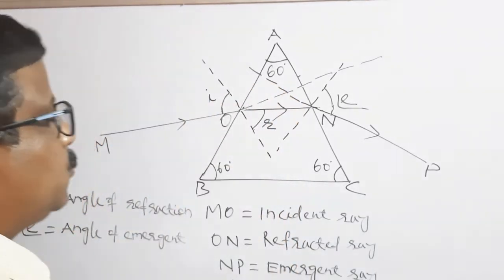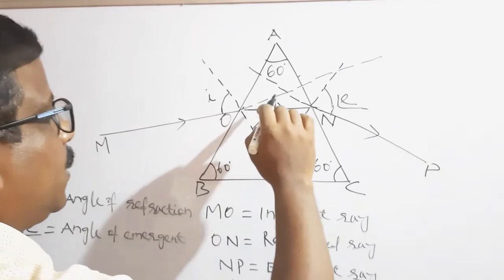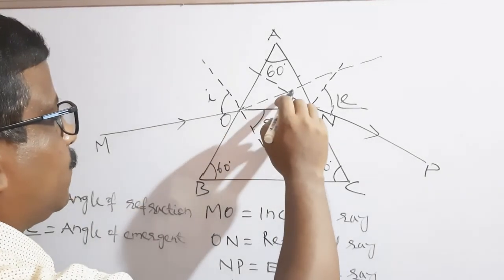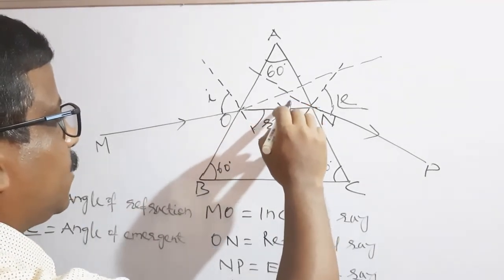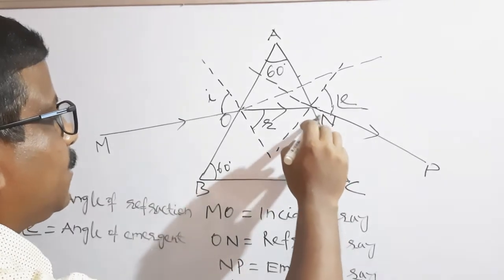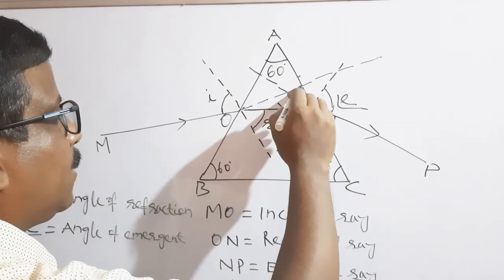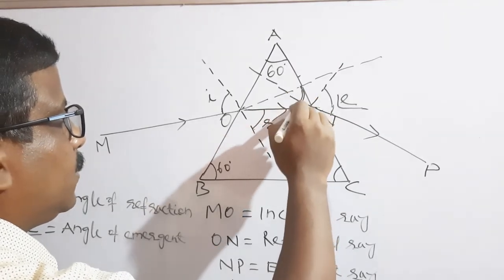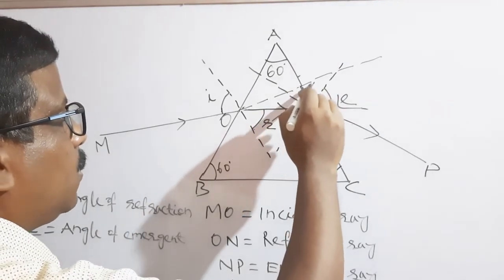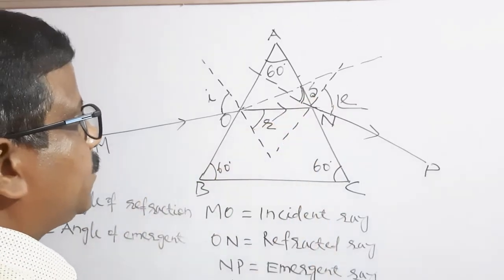Like this. So when the incident ray is produced forward and the emergent ray is produced backward, where both are intersecting, the angle formed between them is called the angle of deviation.